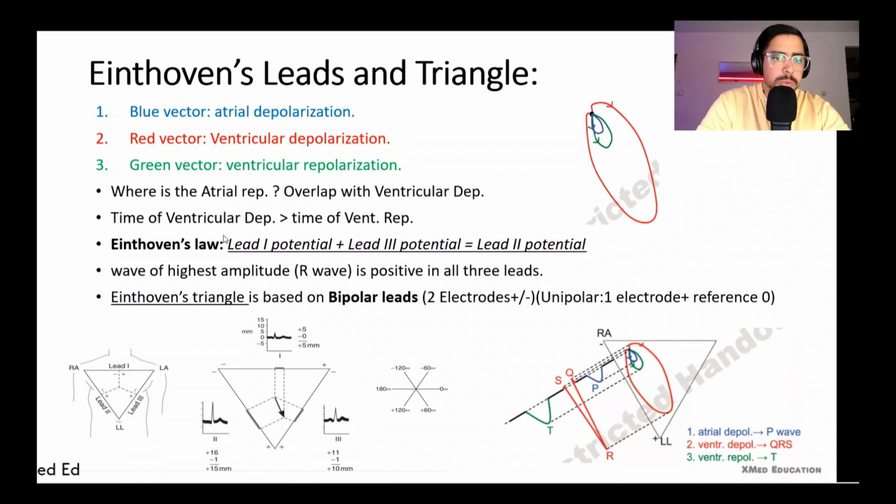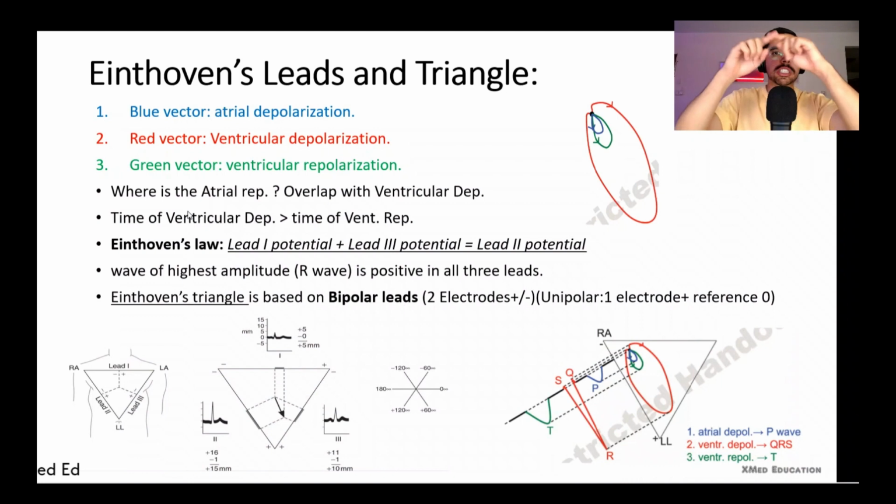What is the relationship between Einthoven leads and triangle and all the things that we explained? What is the relationship between these two? Before we start, look at this picture on the left side below the slide. You see lead 1, lead 2, lead 3. What are these? When we want to see the direction of the vectors, we put 3 leads on the body: one on the left arm, one on the right arm, and one on the left leg.